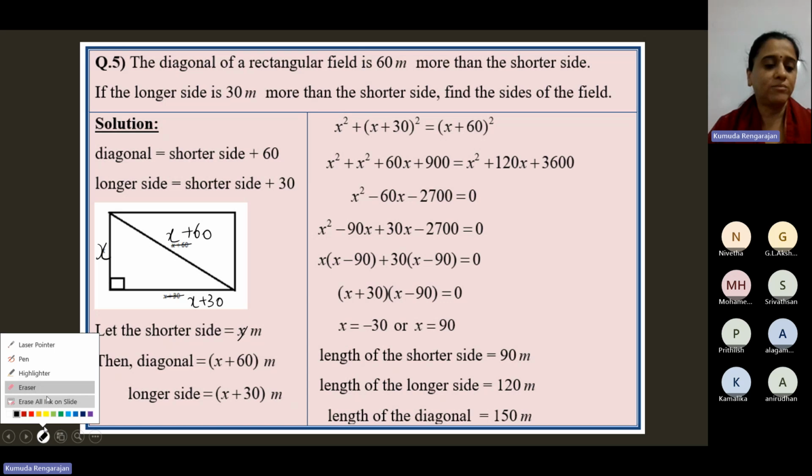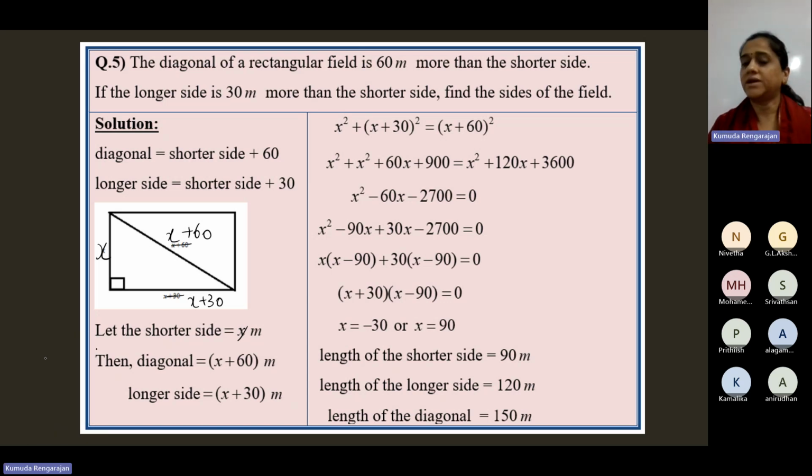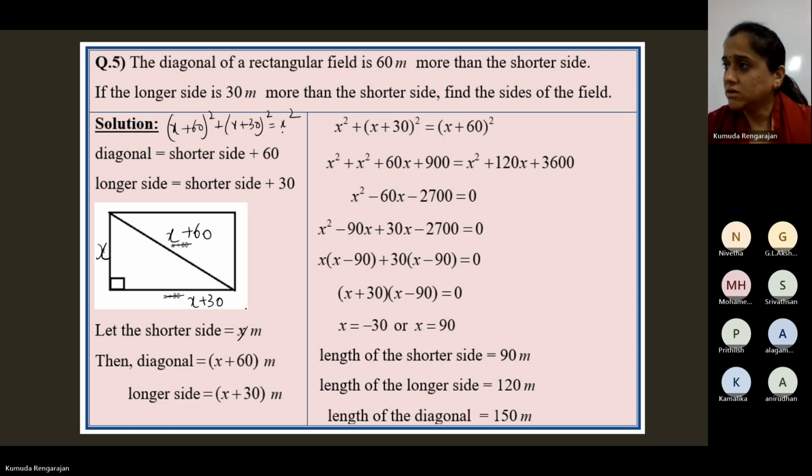The diagonal is the hypotenuse, right? So hypotenuse square separately. You cannot add, you cannot write anything like x plus 60 the whole square plus x plus 30 the whole square is equal to x square. No, right? Leg square plus leg square is equal to hypotenuse square.